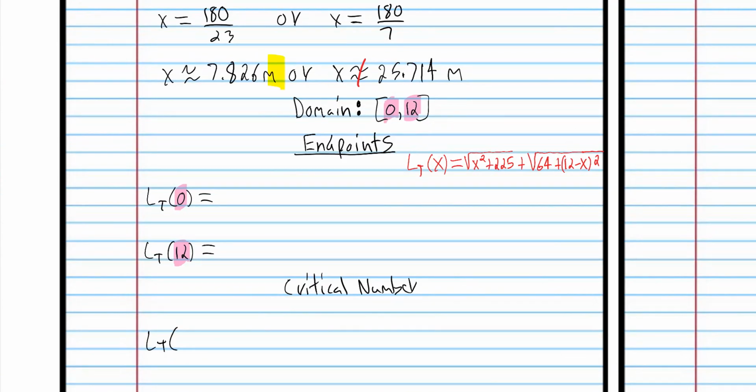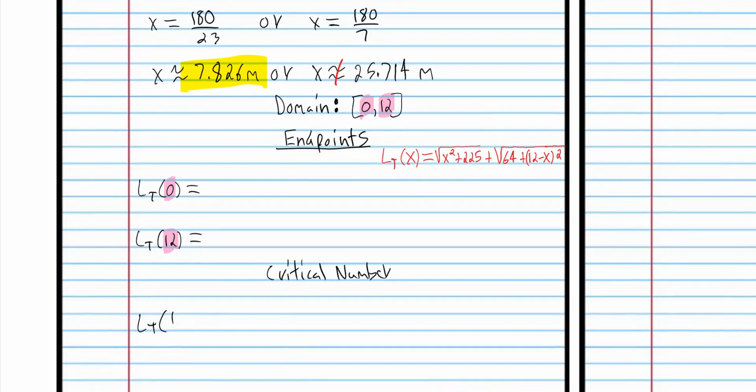So we only care about that yellow number there, 7.8. Actually we could just plug in 180 over 23. I guess I'm just going to write the yellow number, 7.826 approximately.